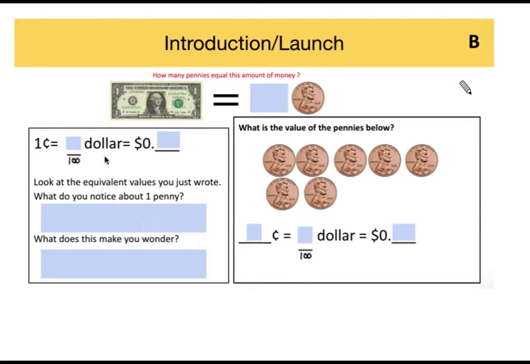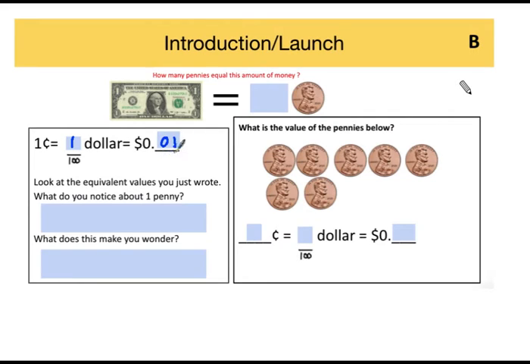So what fraction can we use to represent the relationship between a dollar and a penny? A penny is 1/100th of a dollar. It's 1 cent. And that's why we started on the previous slides with it being written as 0.01.